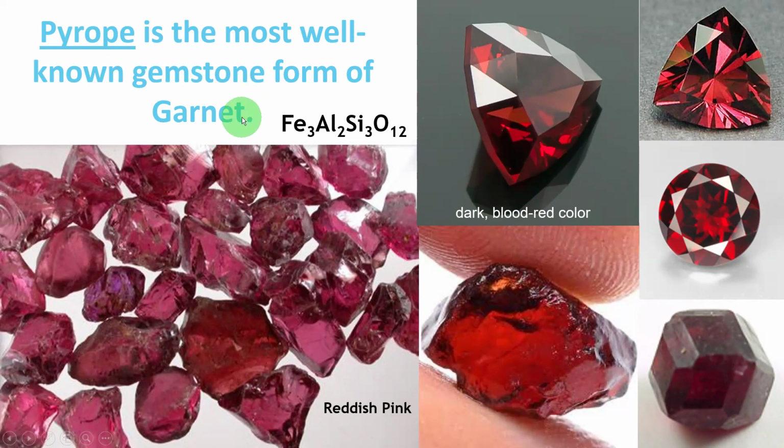The chemical formula is the same. Now look at the difference. A little bit reddish pink color is there. Dark blood red color. See the rough. See the crystal shape of pyrope.